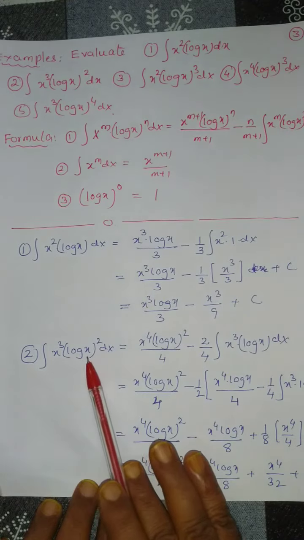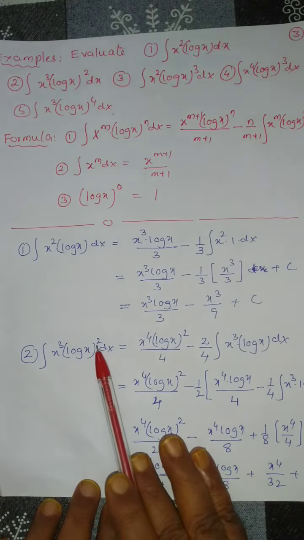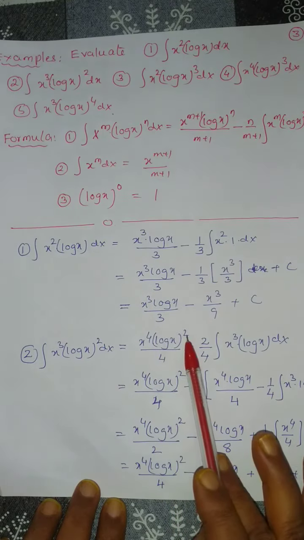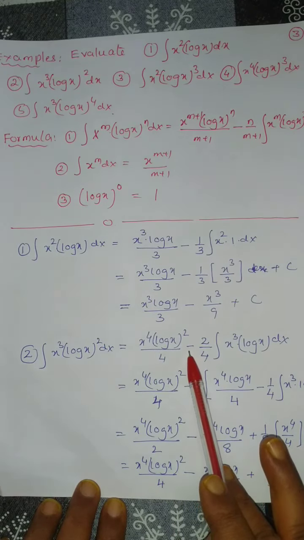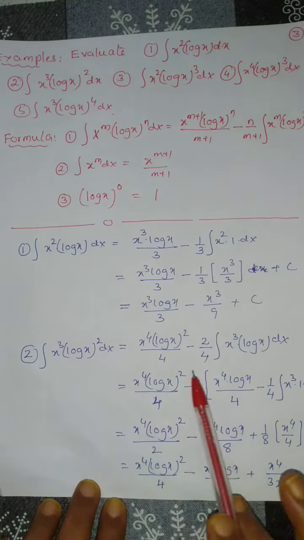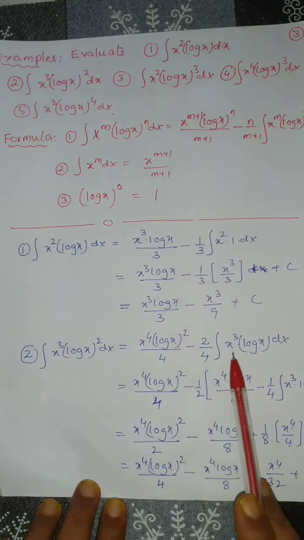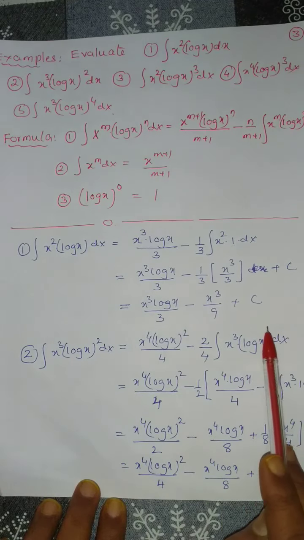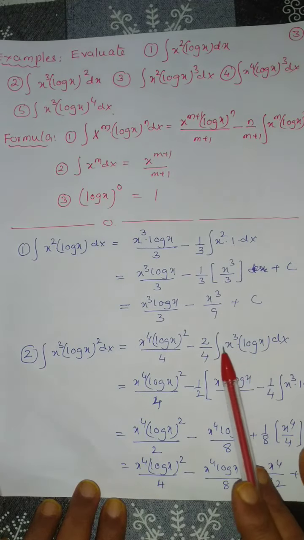Next, the integral of x cube log x square dx is x raised to 4 upon 4 log x square as it is, minus 2 divided by 4 times the integral of x cube as it is, with 2 minus 1 is 1, log x raised to 1. For this I am applying the reduction formula.